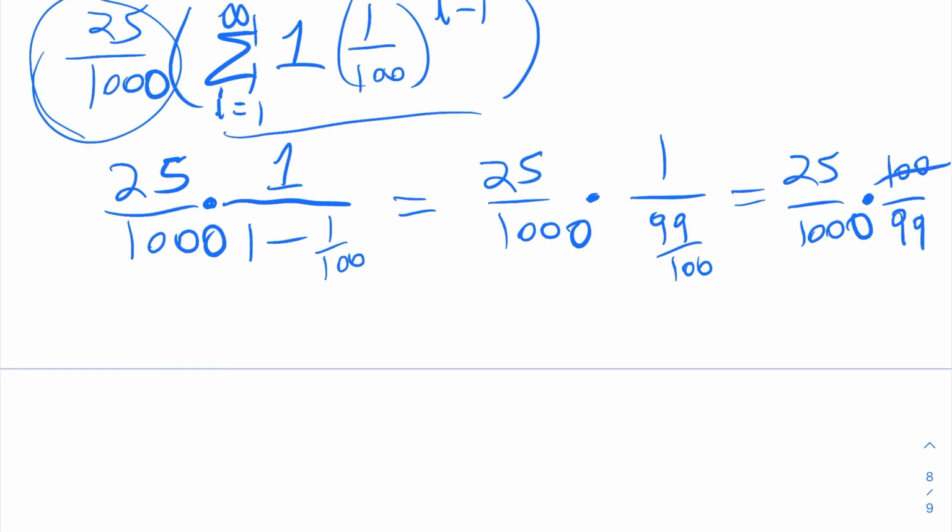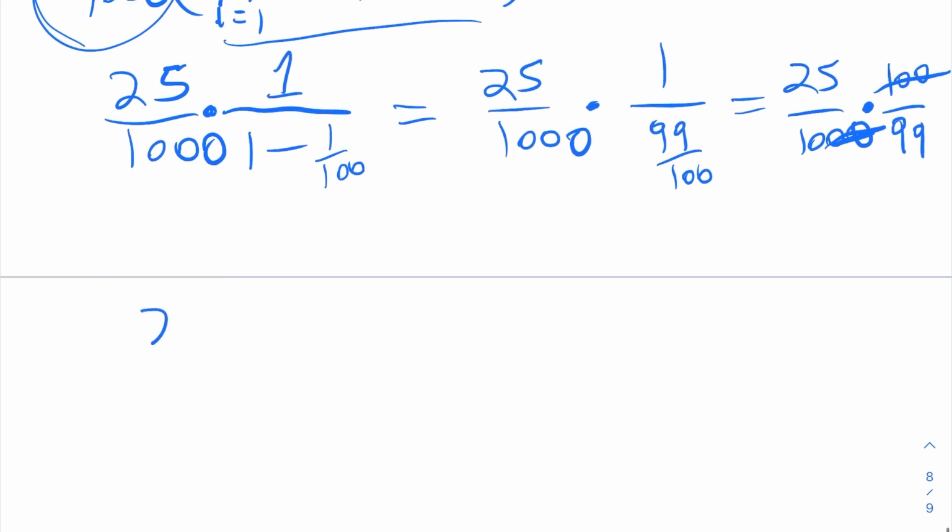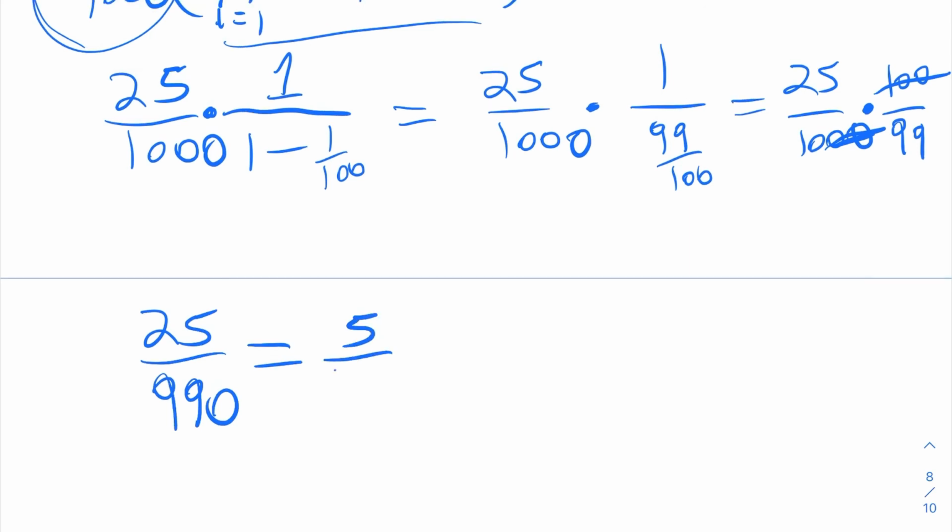So we can cancel out 2 of these zeros, and this turns out to be just 25 over 990. But we have to simplify that fraction, and the number that goes into both of those is 5, so simplifying, we get that this is just equal to 5 over 198.